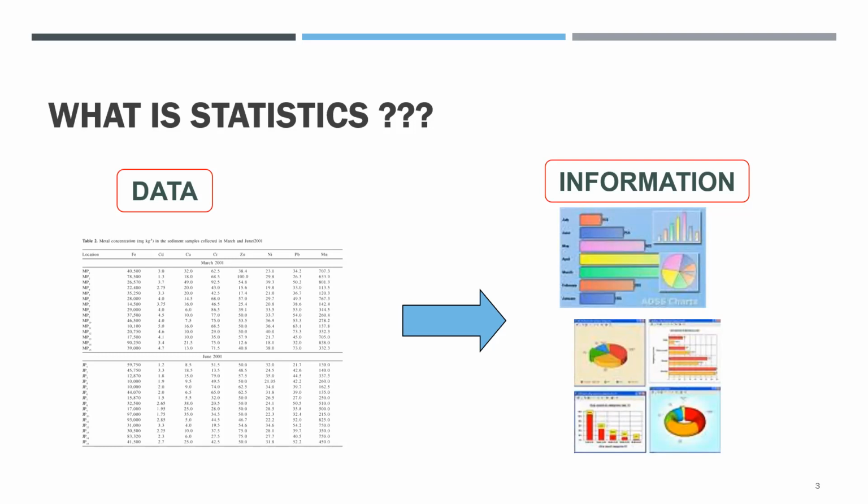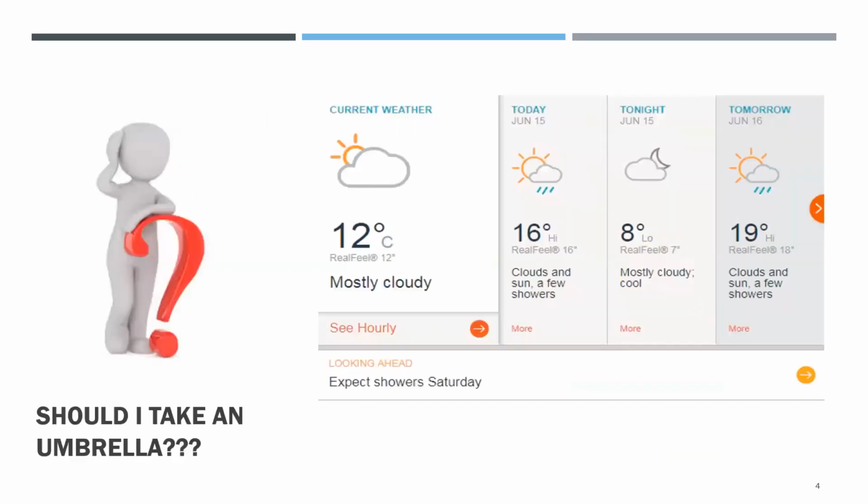For example, the simplest example is this one. Practically, when you are going out from your home, if it is kind of a gloomy day, you think about whether to bring an umbrella or not, right?